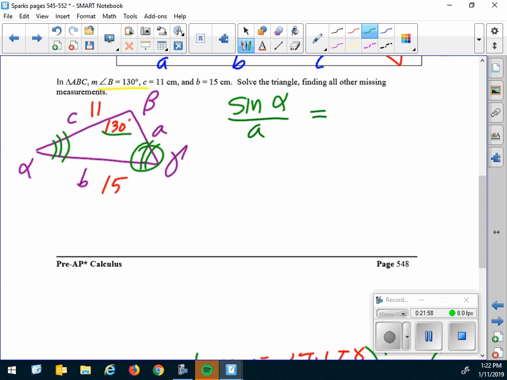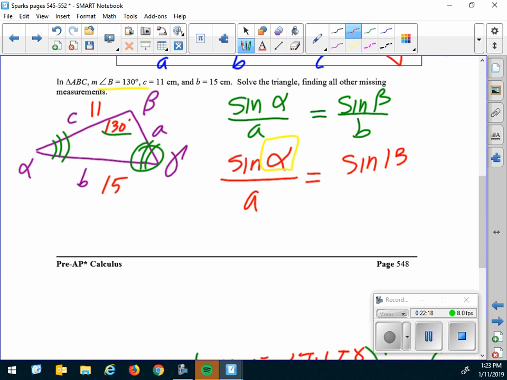They're just nice numbers sitting there. So that's going to give me sine of alpha, which I've got stored, right? I'm going to just box that to remind myself that that's stored, over A equals sine 130 over B.